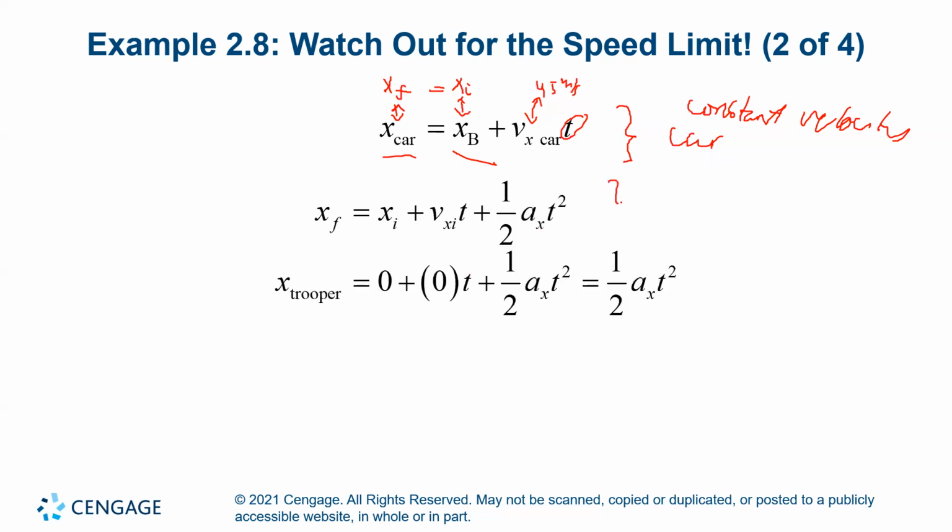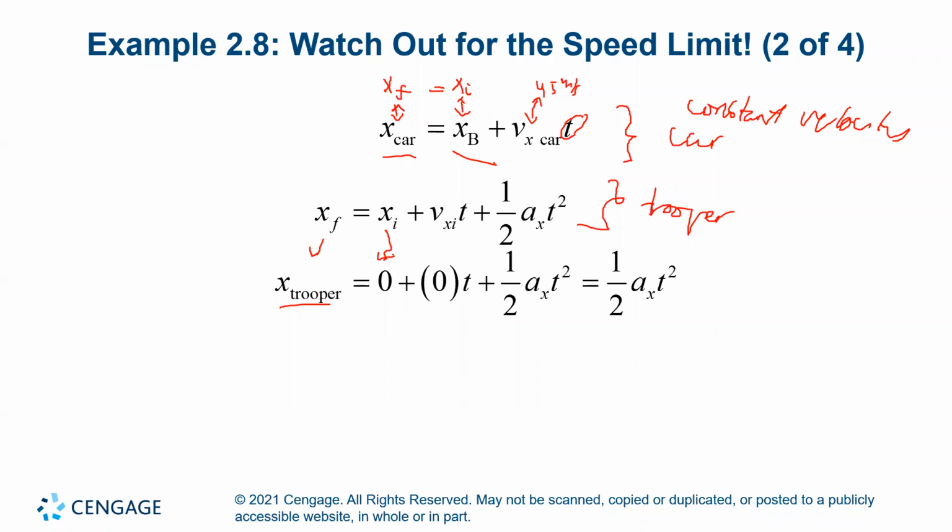This is the formula that we will use for the trooper. Our x_f, our final position, we call that x trooper. This is the position where the car and the trooper meet.